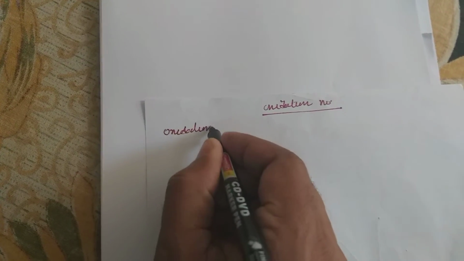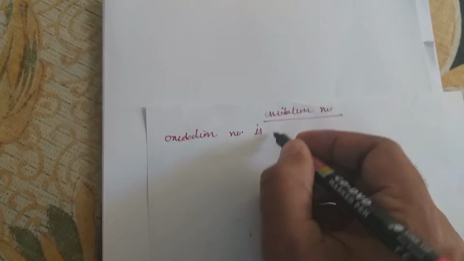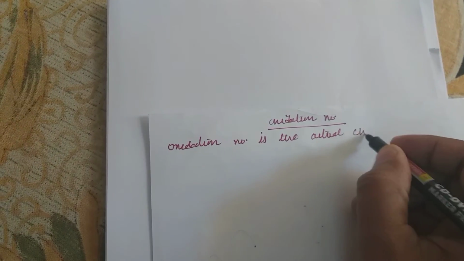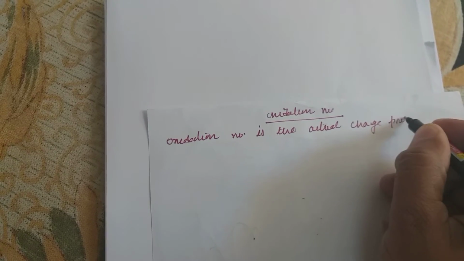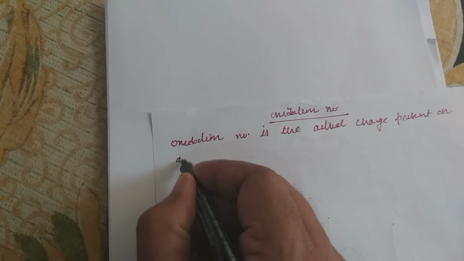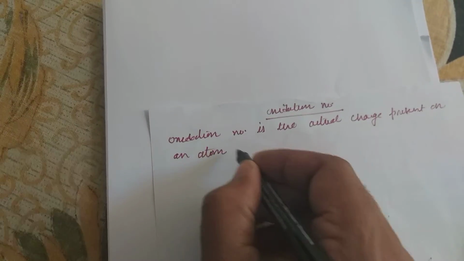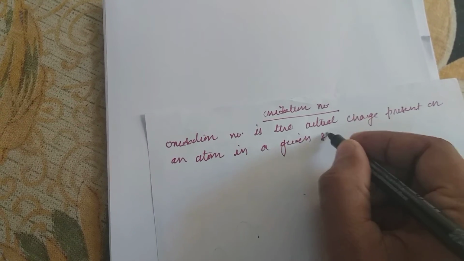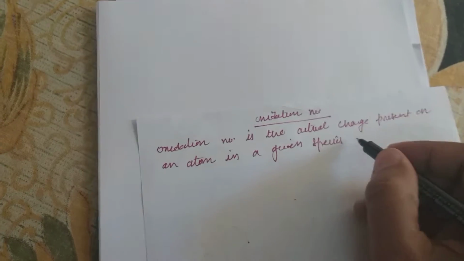Oxidation number is the actual charge present on an atom in a given species.